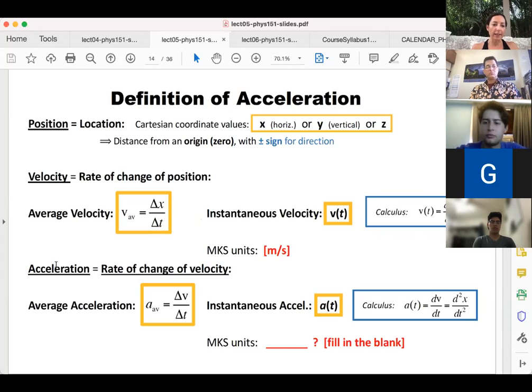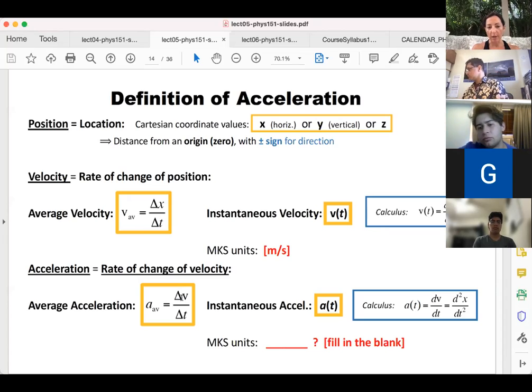And the acceleration instead is the rate of change of velocity. So as you can imagine, it's very similar to the velocity from this point of view, because it's how the velocity changes. So it's going to be delta v over delta t. So delta v means v final velocity minus initial velocity, divided by the time where I'm measuring the final velocity minus the time where I measured the initial velocity.